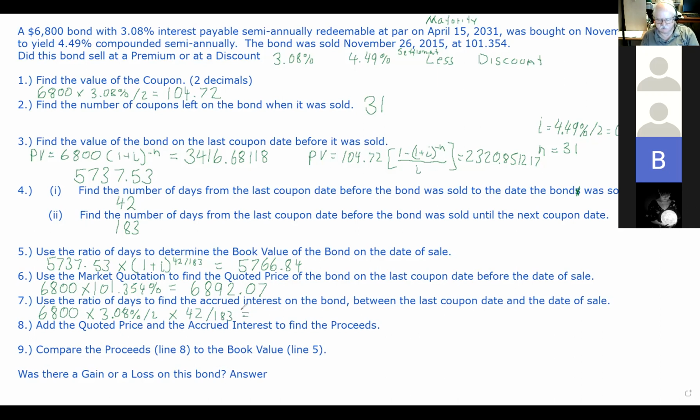So let's try that. 3.08% divided by 2, and then times bracket 42 divided by 183, end of bracket, equals, and then times 6800.